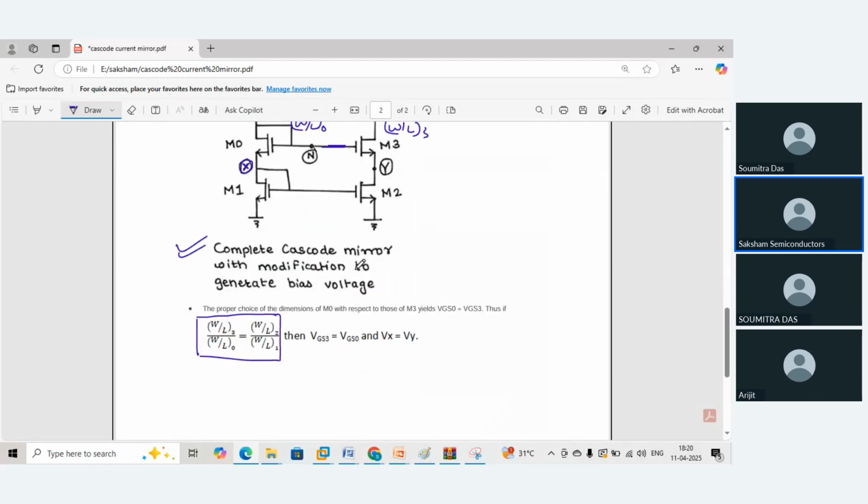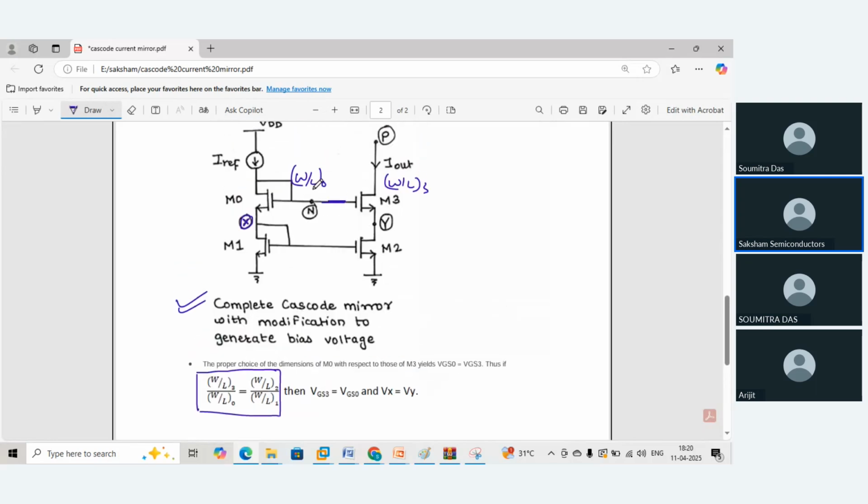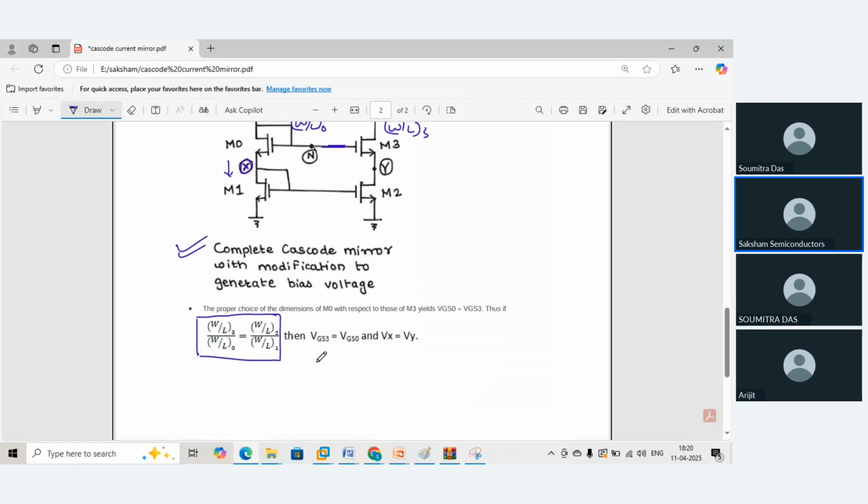So W by L of 3 divided by W by L of 0 should be equal to these two things, because the same X is flowing over here, the same Vx is being populated over here, and the same Vy is getting populated over here. By making this entire scenario, I can ensure that your normal or simple current mirror can be built more rigidly or more efficiently. So that is the intent of this entire exercise.